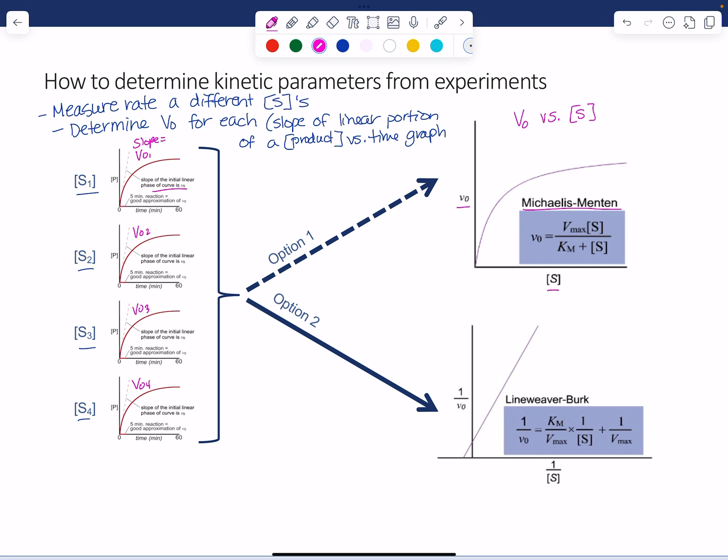These may be our data points right here. Those little pink lines are my data points. I use the Michaelis-Menten equation, and notice my V0s are my Y values, and my X values are my substrates. Now this is a nonlinear curve fit.